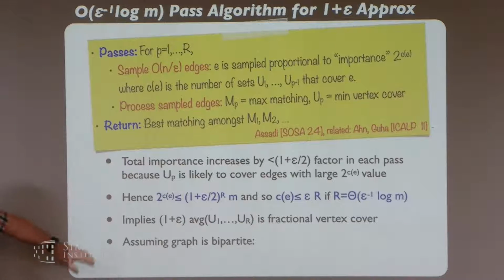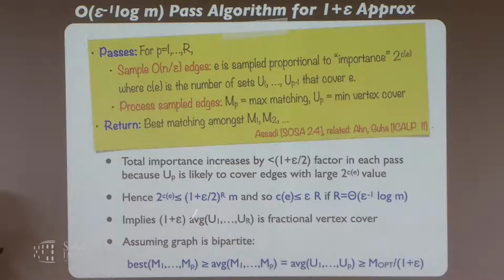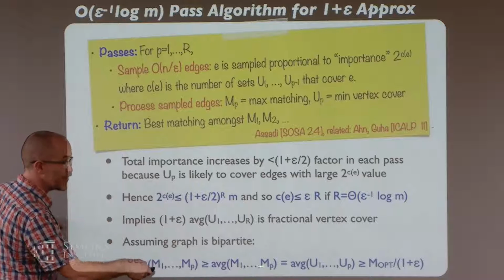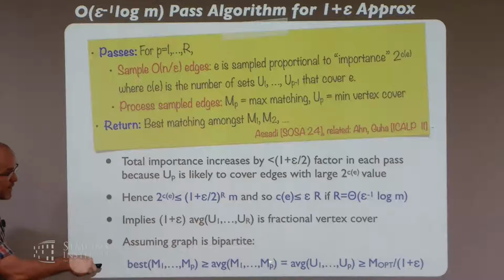Because if the graph is bipartite, then the best of those matchings I can construct is going to be better than the average of the matchings. And one useful fact about bipartite graphs is that the size of a maximum matching is exactly the same as the size of the minimum vertex cover. So M1 has the same size as U1, M2 has the same size as U2, et cetera. So we get this equality here because it's a bipartite graph.